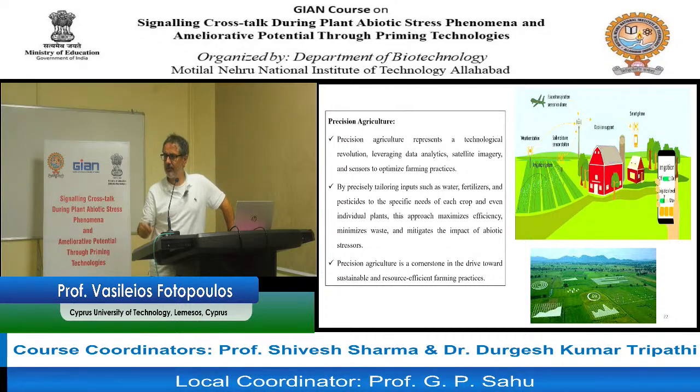You can use nanomaterials to further enhance gene editing techniques. It can be applied on many different levels, in addition to the plant priming effect that we will talk about as part of this GIAN course.